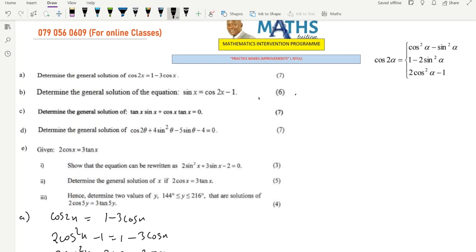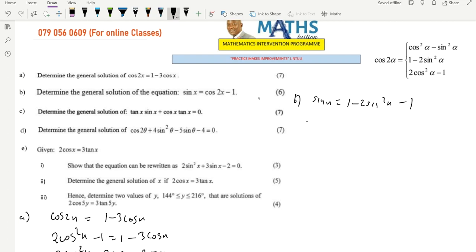Okay, it means when we go for B, we say sine x equal to, not in terms of cos, it should be in terms of 1 minus 2 sine squared x minus 1, because it should be written in terms of sine. And then 1 minus 1 is 0.